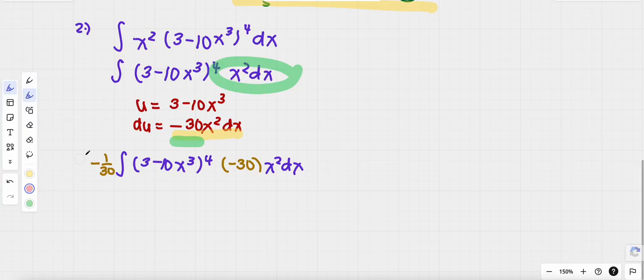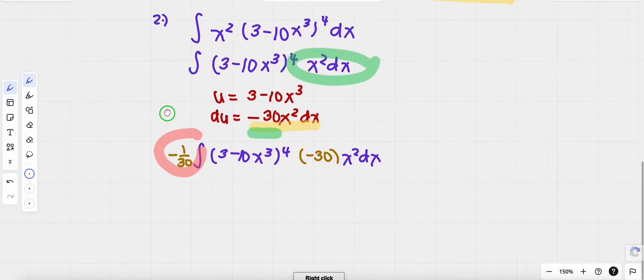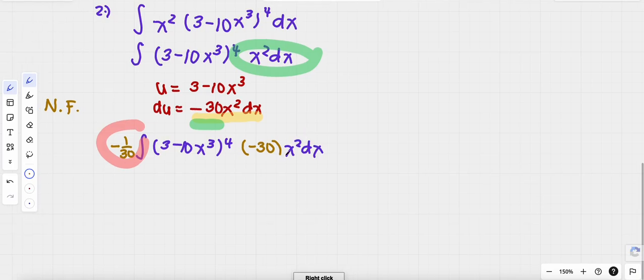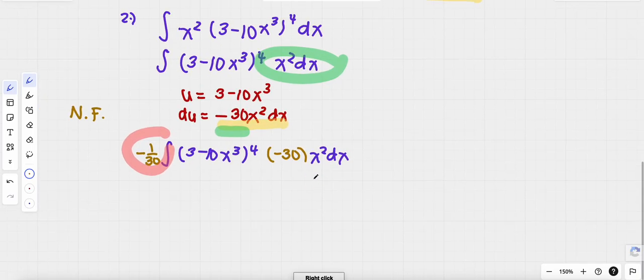So this neutralizing factor, let me write something. This NF here is paired with whatever value we multiply to the right side of the integral sign. To the right side of the integral sign, we multiply negative 30.